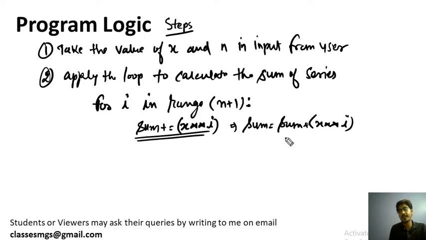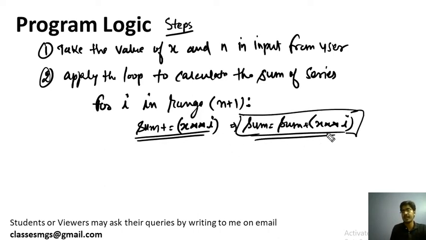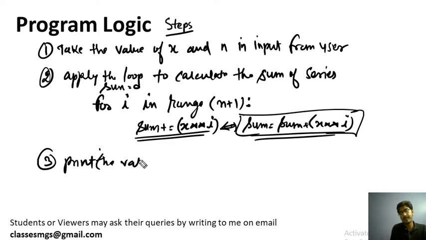This is shorthand operator, and this is the full syntax. So this is equivalent to this, that's why I have written this as a short. And third, print the sum. You will initialize sum with 0, so that you print the value of sum. So this is how these steps will work.